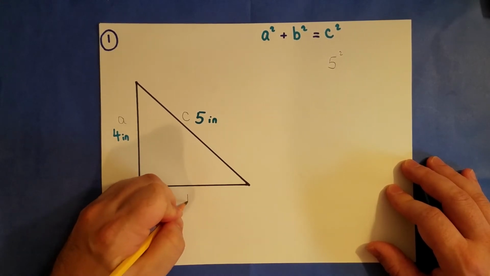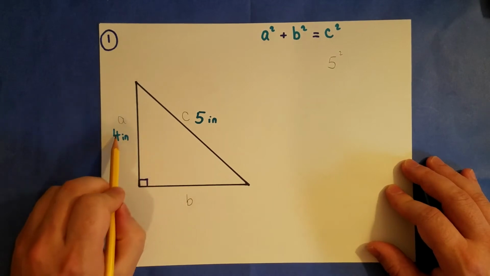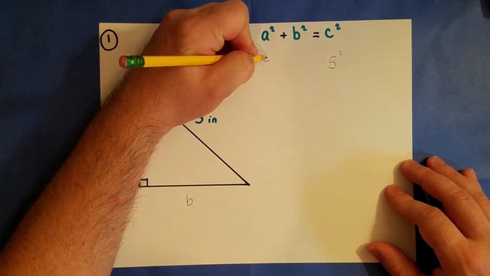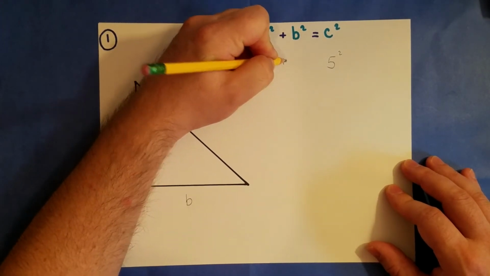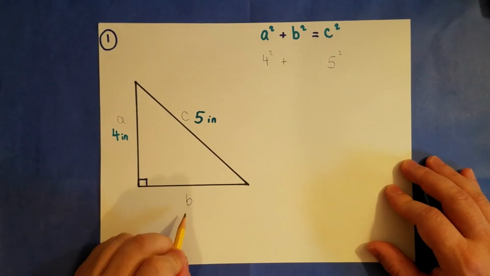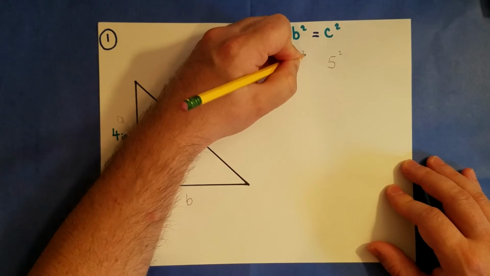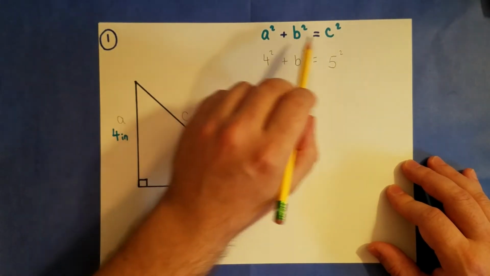I'm going to call that B. So I can put 4 in for A here, 4, and of course I'm going to square it. Plus B squared. Do I know the value of B? I don't. I'm solving for B. I'm going to leave it as a variable. Equals 5 squared.